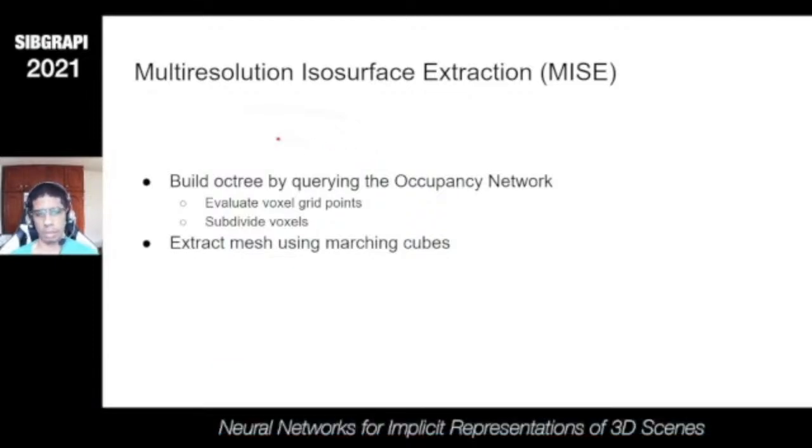It's just a matter of building an octree. So you evaluate voxel grid points for occupancy, and then you subdivide for defining several levels of the octree. Then you can just use marching cubes to extract a mesh and visualize.